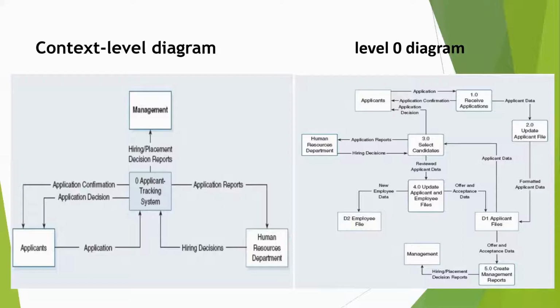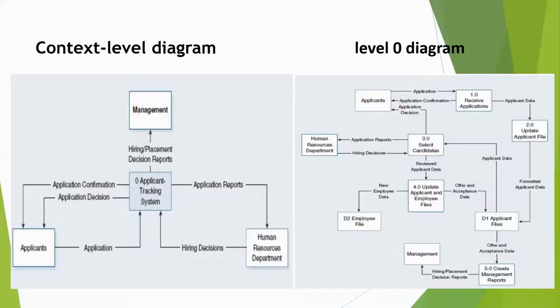And ultimately that is broken into further detail, and that detail is labeled accordingly as 1.0 and 2.0, as we can observe. And D1 is applicant files where the file is stored, and D2 employee file is ultimately stored when the new employee is being taken on board. So these are the further details.